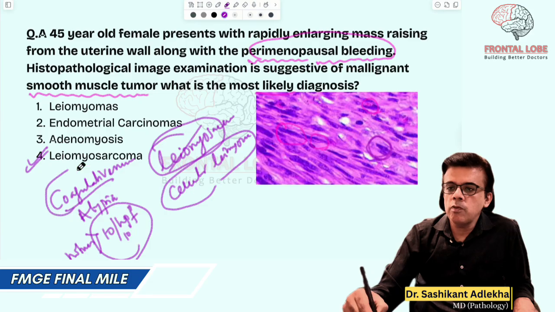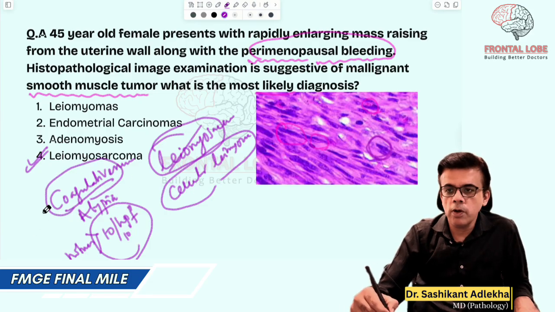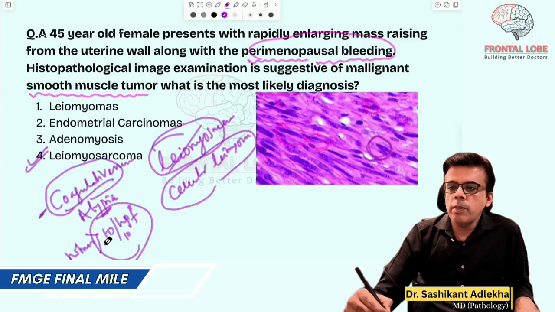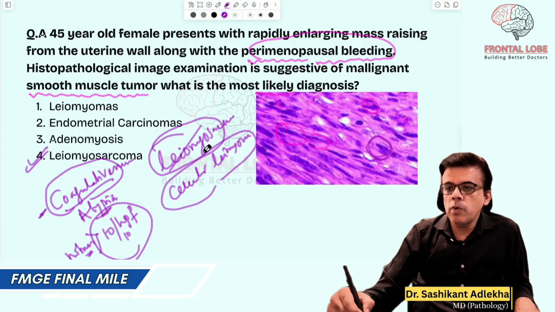Any small foci of coagulative necrosis is a strong indicator of leiomyosarcoma, and atypia and mitosis are also equally important, but the most important indicator is coagulative necrosis.